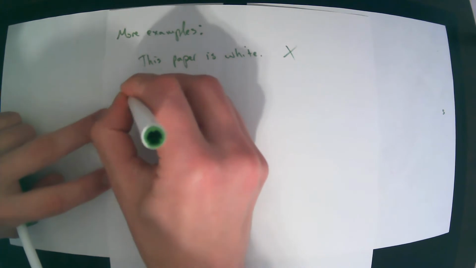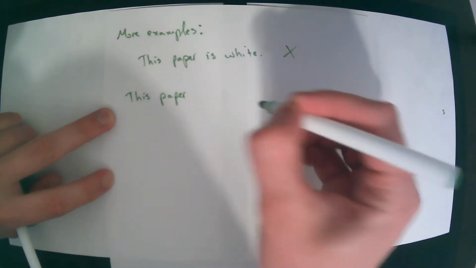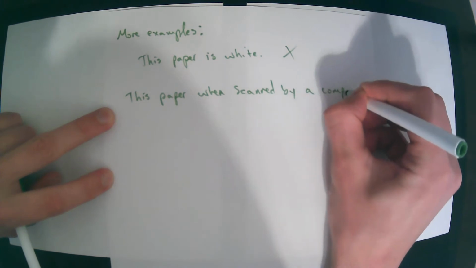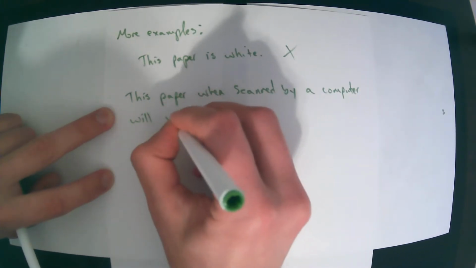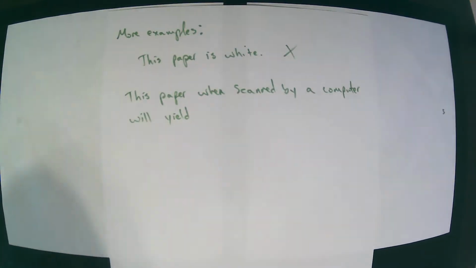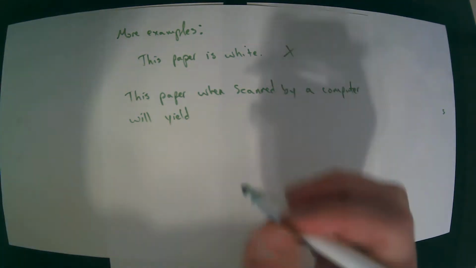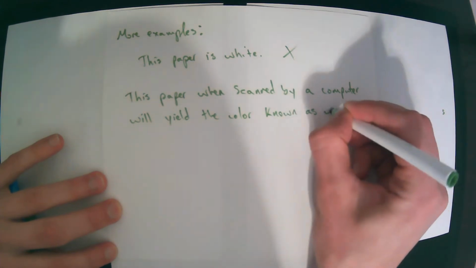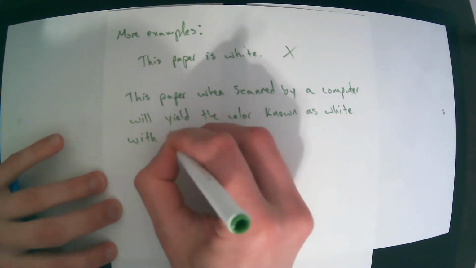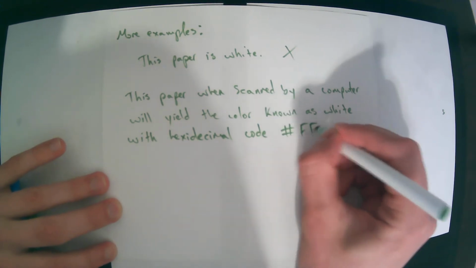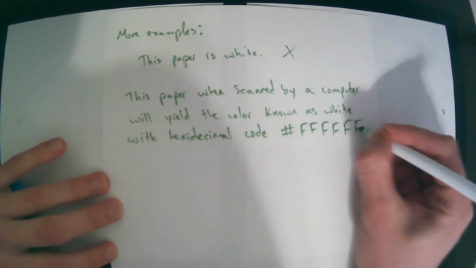So what if I said this paper, when scanned by a computer, will yield the color known as white with hexadecimal format or code hashtag FFFFFF. Wait, 1, 2, 3, one more F.